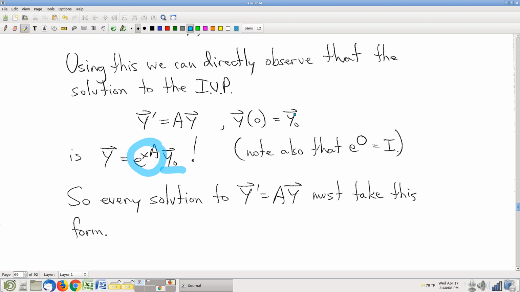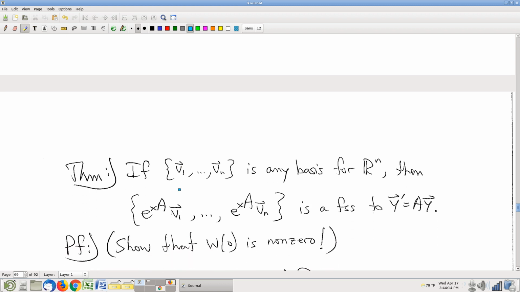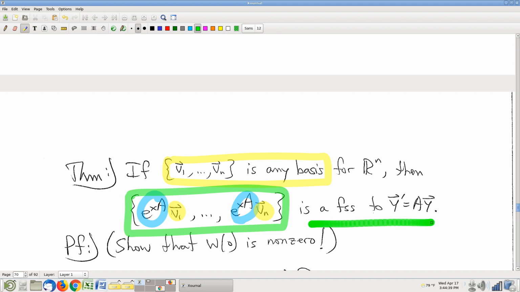Okay, all right. So first, let me observe that it's actually a little bit easier than that. I don't technically need to multiply the matrix exponential times every vector. All I really need is to multiply by a basis worth of vectors. Not infinitely many, all possible vectors. If I can figure out how to multiply our matrix exponential times just a basis of vectors, then nice punchline, these functions will be a fundamental set of solutions.